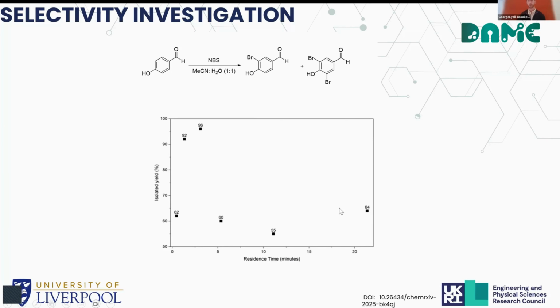So at the previously optimized residence time for the reaction of 21 minutes, we could obtain 64% isolated yield of this dibrominated species.